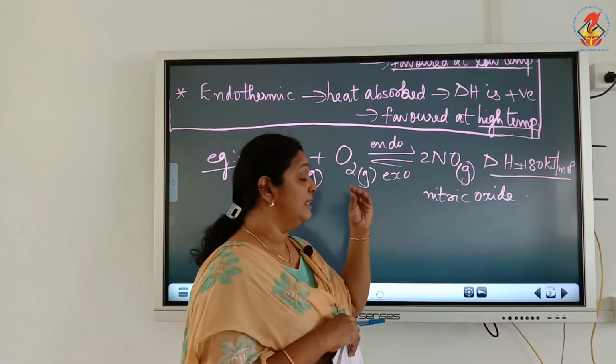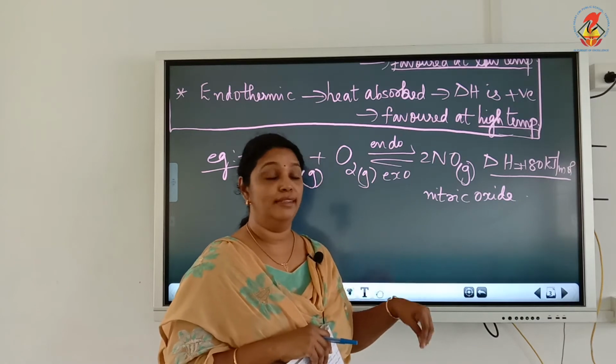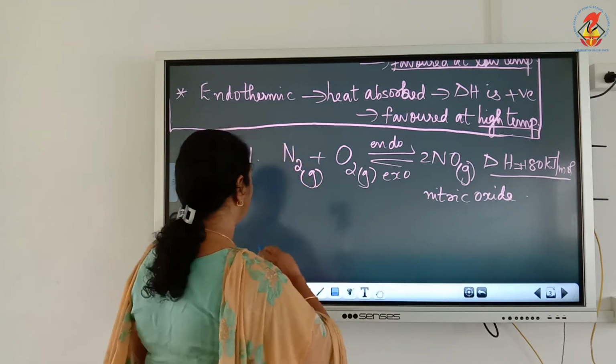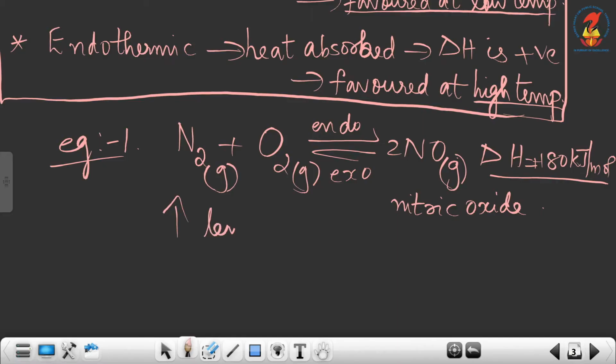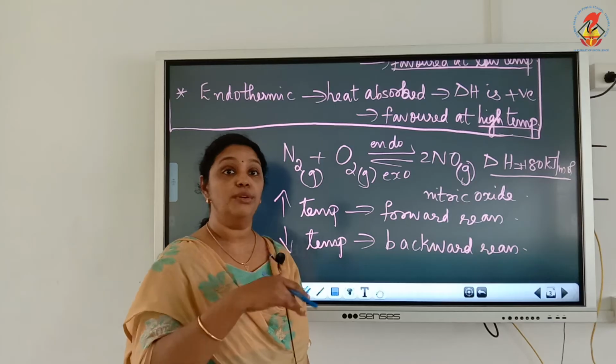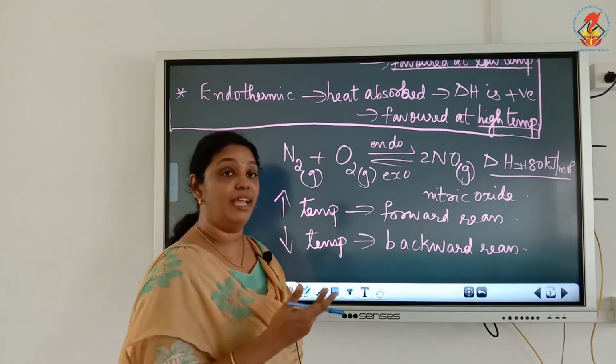If I decrease the temperature, the reaction will proceed in the backward direction, because the exothermic reaction takes place at low temperature and the backward reaction is exothermic.